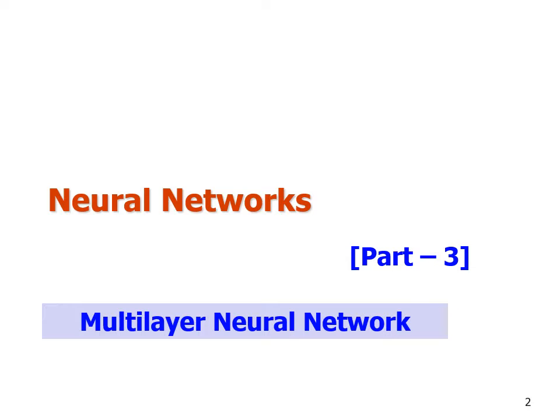So today we are going to look at feed-forward multi-layer neural networks, which is a particular type of connections in neural networks, and also we are going to see various activation functions.